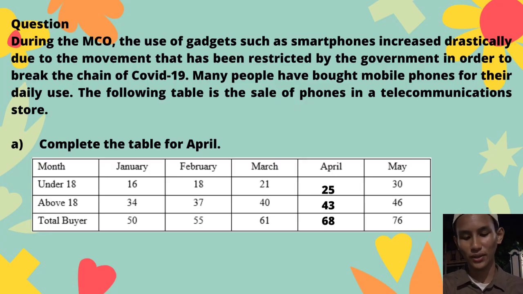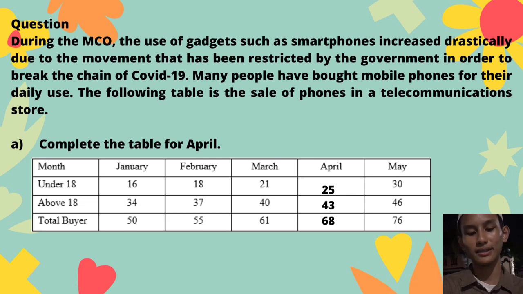So for question A, complete the table for April. So as you can see, the answer for under 18 is 25. The equation is A plus (n minus 1)d, and for the d it is n plus 1.